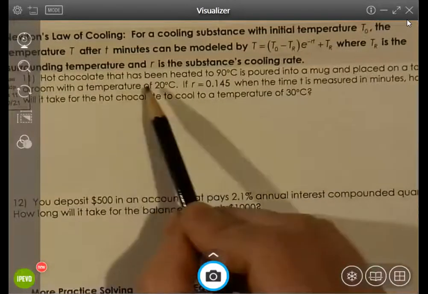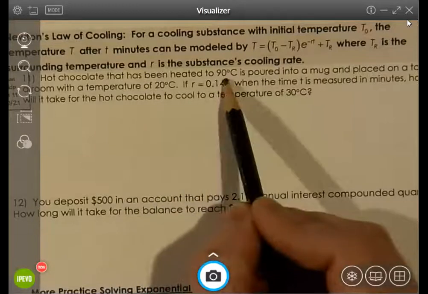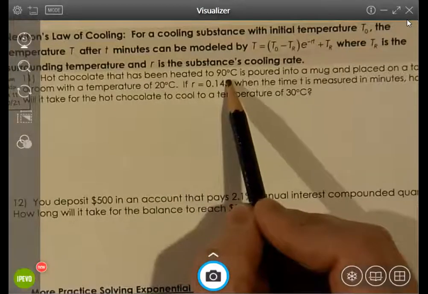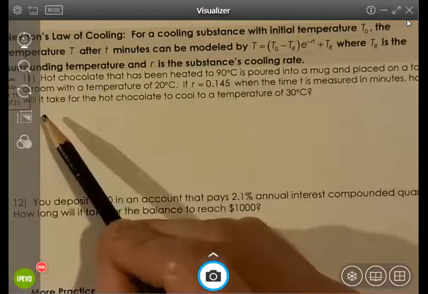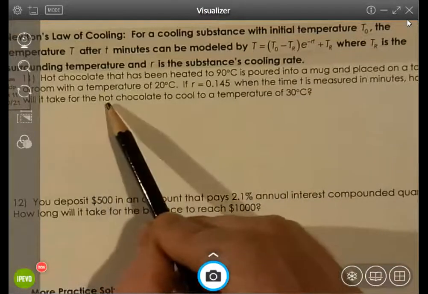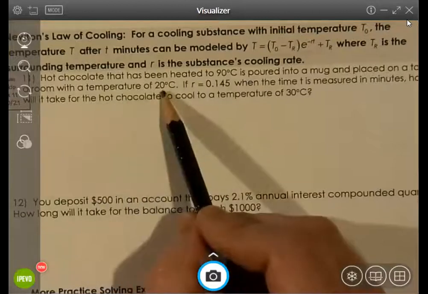So we have hot chocolate that has been heated to 90 degrees Celsius. It was poured into a mug and was placed on a table at room temperature of 20 degrees Celsius.